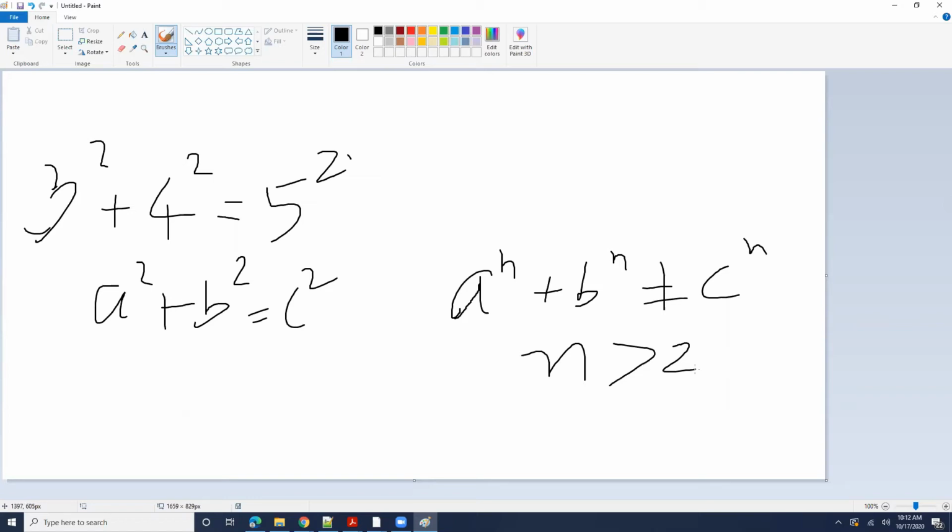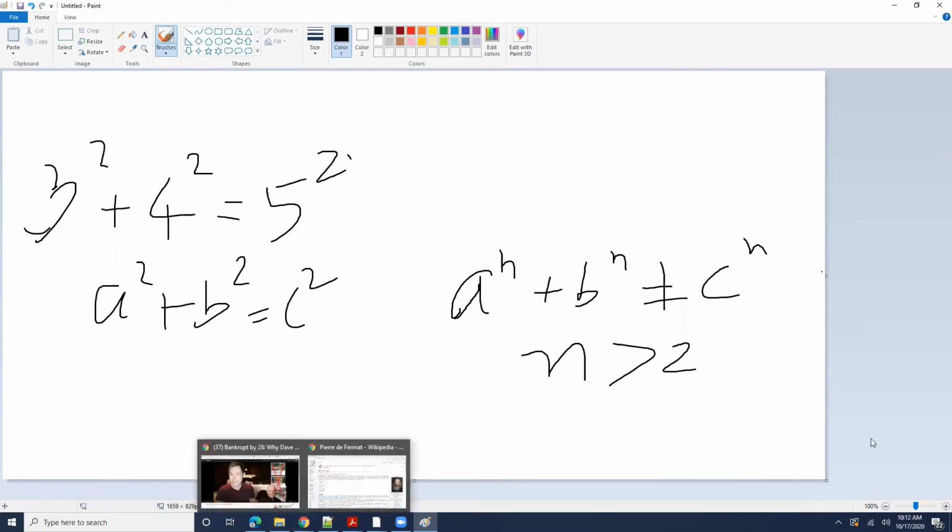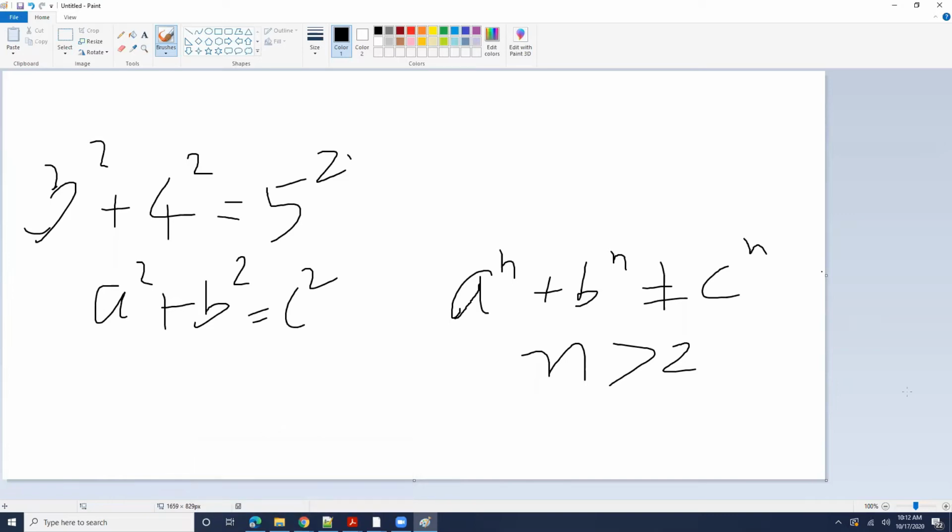So he said this. And then he also wrote in that book, I think he was reading this book by Newton called Principles of Mathematics, or Principia Mathematica or something. So in the margin of that book, he wrote, I have a truly marvelous proof for this theorem, but the margin is too small to contain this.